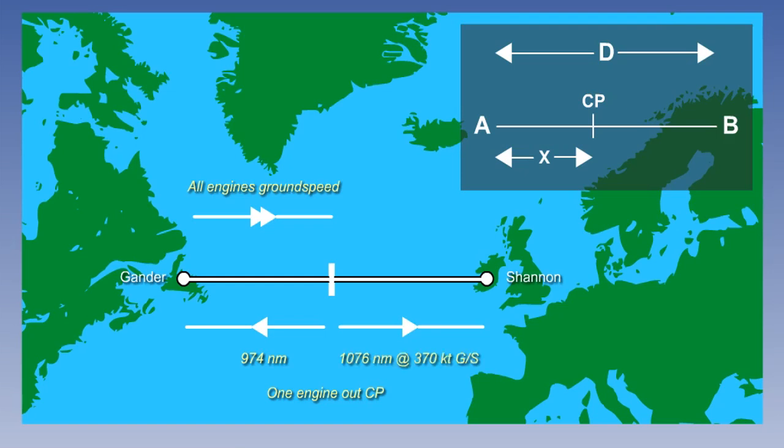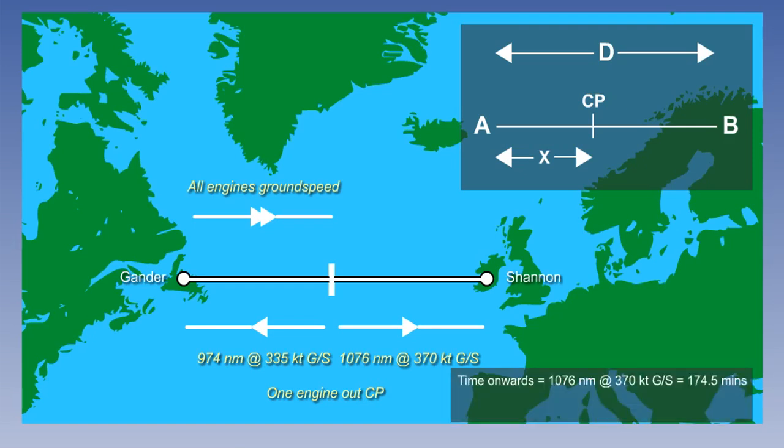O, the reduced ground speed onwards, is 370 knots. And H, the reduced ground speed home, is 335 knots. As before, if you get your calculator or nav computer out, you find that the time onwards, that is 1,076 nautical miles at 370 knots, comes to 174.5 minutes.